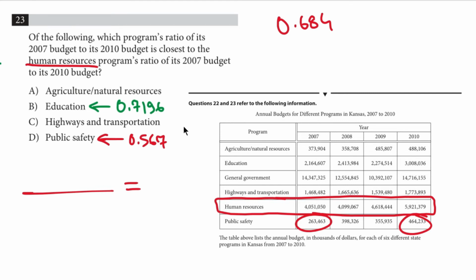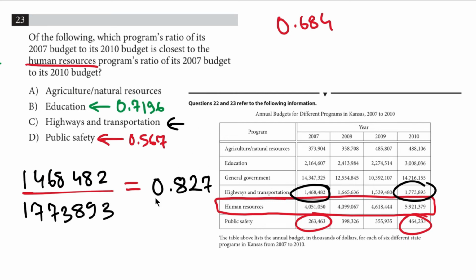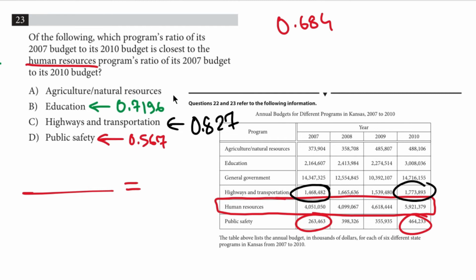Now let's try the highways and transportation here. We will have to divide this by this, so let's do that. This gives me 0.827, which is way further than what I'm looking for. So I'll just write it down right here and I'll calculate the last one. For the agriculture and natural resources, I'll have to divide this by this. So let's do that.